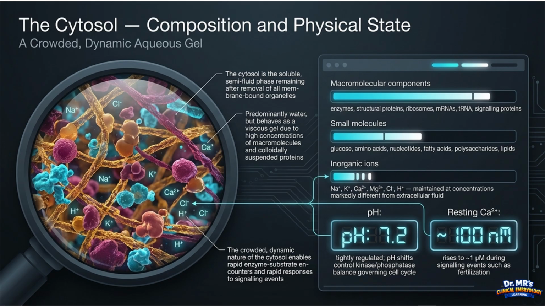This is what cell biologists call macromolecular crowding, and it has profound consequences for how fast reactions occur and how quickly signals propagate. Smaller molecules are also present: glucose, amino acids, nucleotides, fatty acids, and polysaccharides, all serving as substrates for the enzymatic machinery also dissolved in the cytosol.